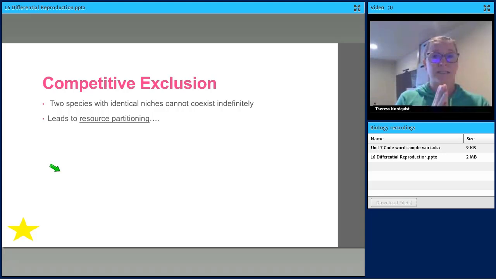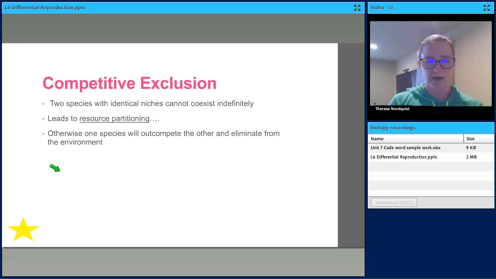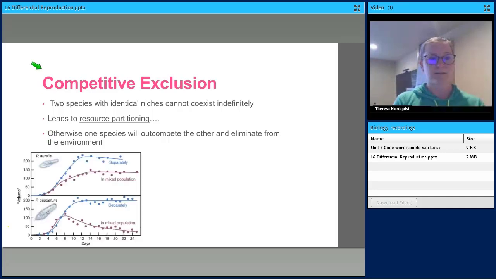All right, so if the organisms cannot resource partition, if one can't have an advantage in a slightly different way, and that never happens, then one species is going to outcompete the other and eliminate it from the environment. Your lesson talks about the paramecium studies that have been done, and paramecium are single-celled aquatic organisms. There are lots of different species of paramecium, but these two are very similar to each other.